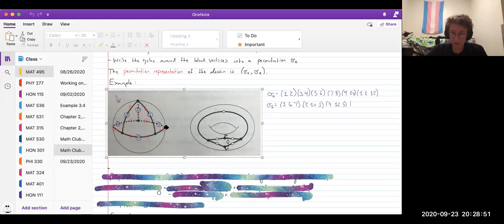And then the last one back here is the one where you have to be careful, because although counterclockwise for us would be this way, we have to imagine that we're on the other side of the sphere now.